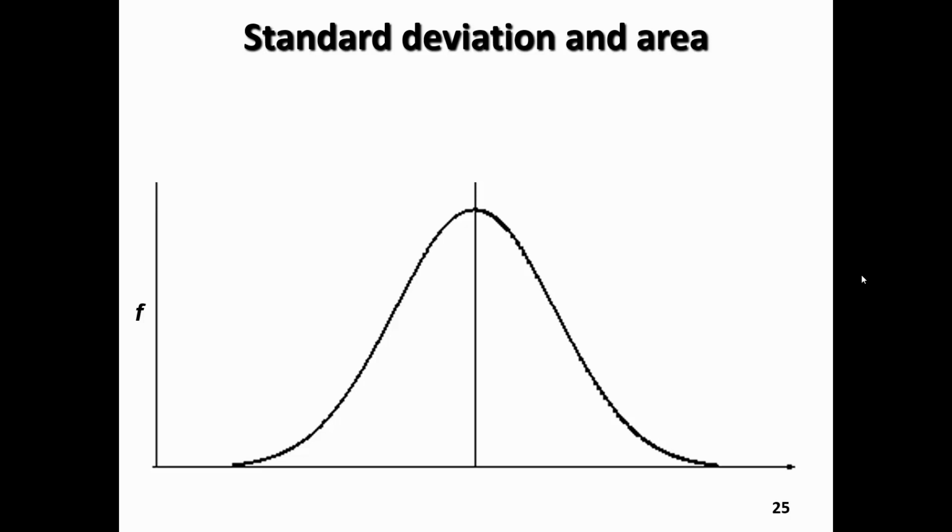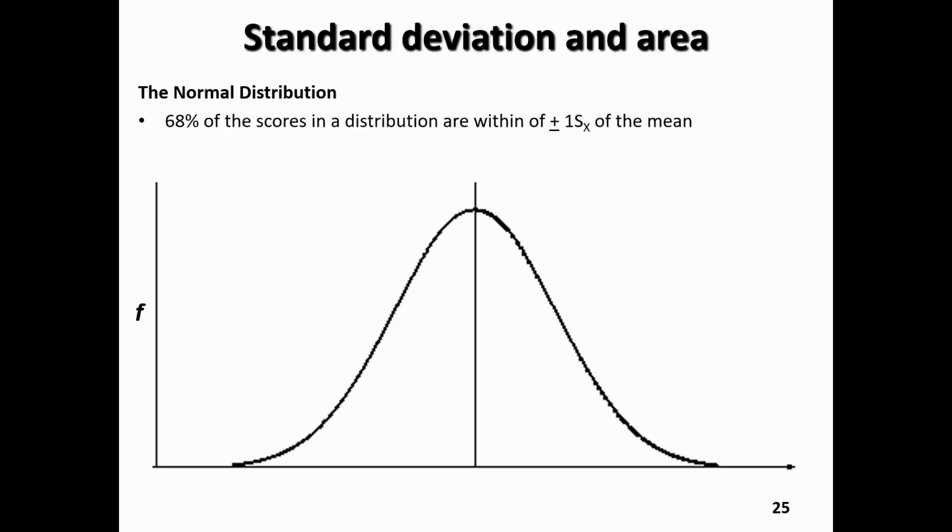In this lecture, we're going to take a closer look at a graphical representation of the standard deviation, as well as two other measures of data variability. The standard deviation is based upon the normal distribution.